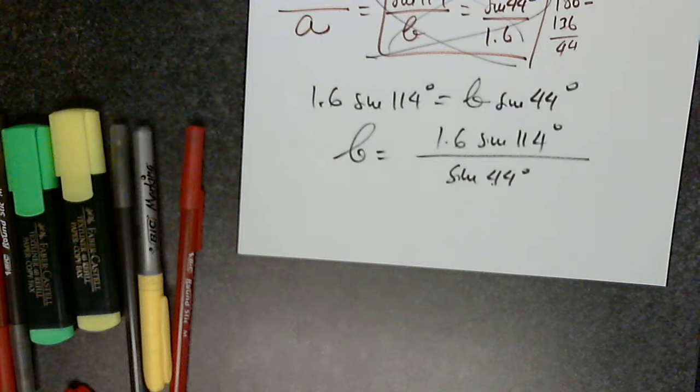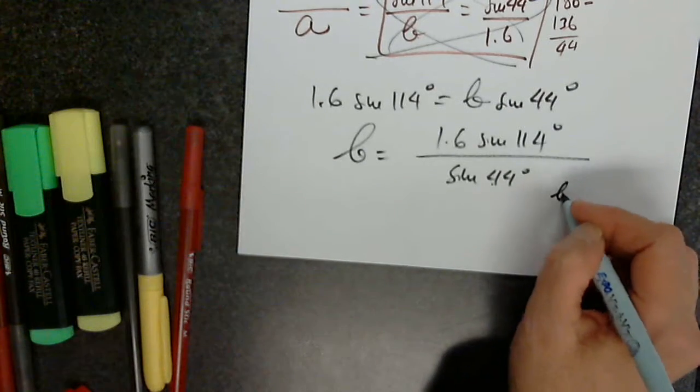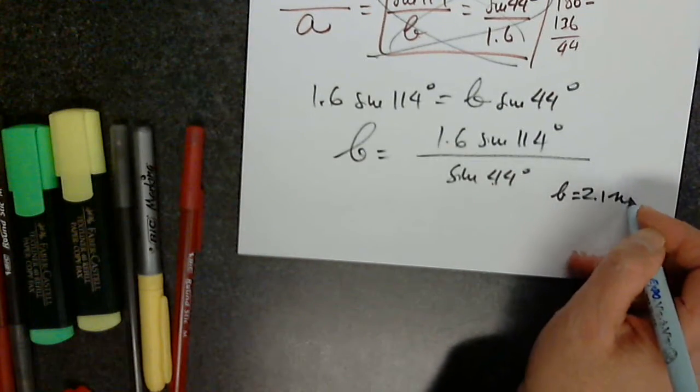Put in the calculator: 1.6 times sine 114, divided by sine 44. And I got B, the length of the cable car, or how far it goes from A to C, 2.1 miles. So B equals 2.1 miles.